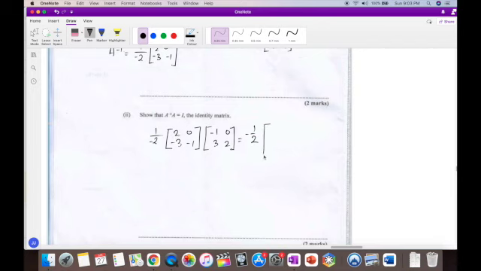2 times negative 1 is negative 2, plus 0 times 3 is 0. 2 times 0 is 0, and 0 times that 2 is 0. Right? Negative 3 times negative 1 is positive 3, and negative 1 times 3 will be plus negative 3, and then over here I will have negative 3 times 0 is 0, and then I'll have negative 1 times 2 there, negative 2.